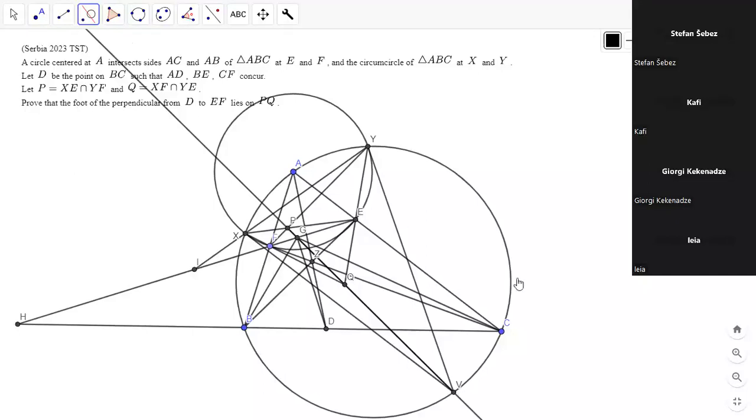Oh yeah, okay. Because by Brocard's theorem, PQ is the polar.